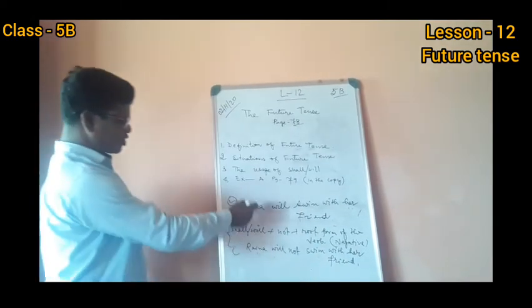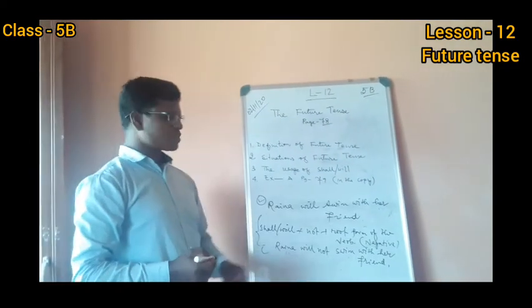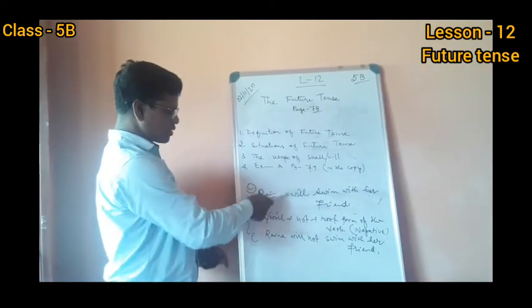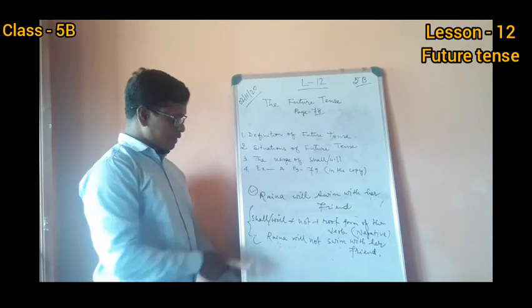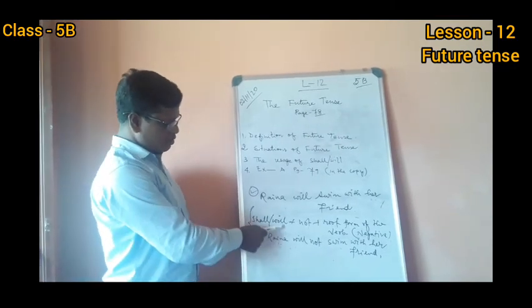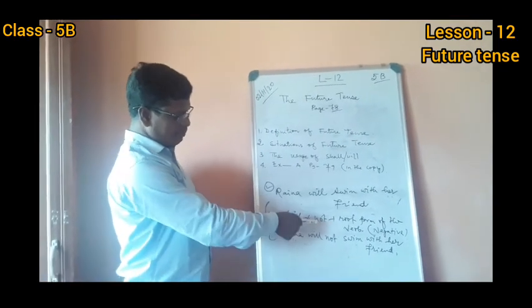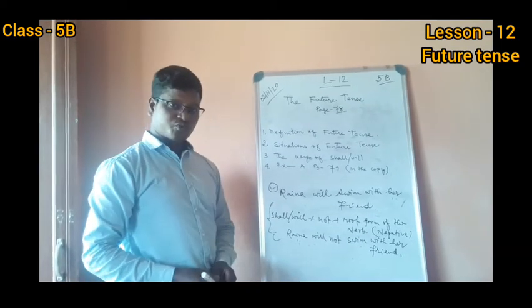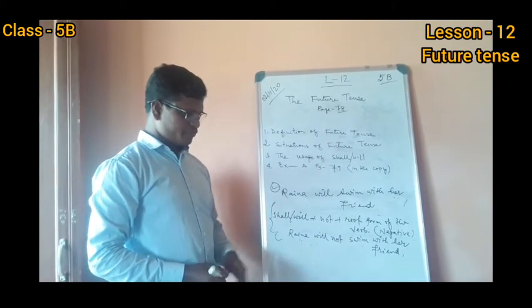So this is how we change the statement in the simple future into a negative sentence. You can see: will or shall, then not, then the root form of the verb. So this is how we change it.